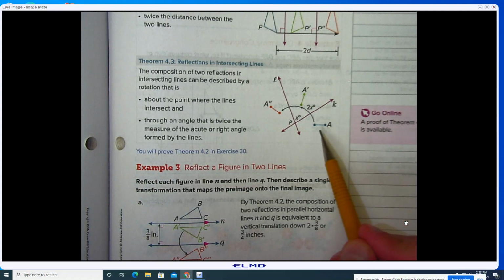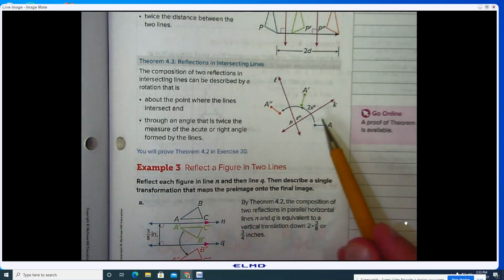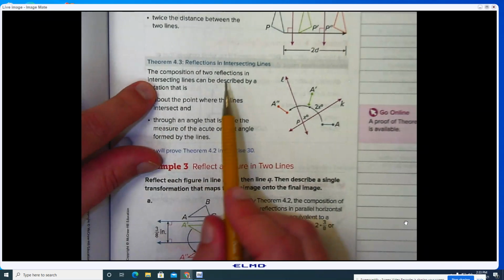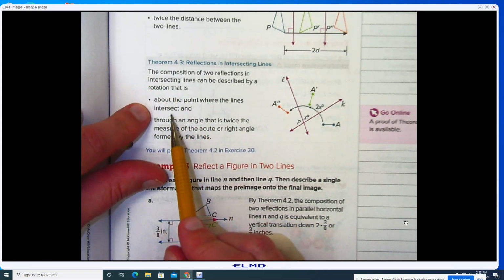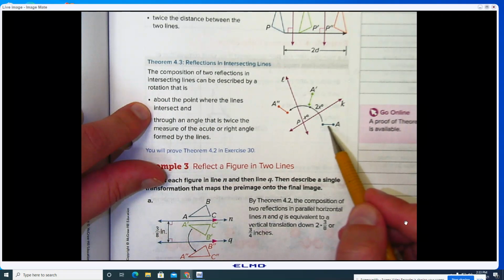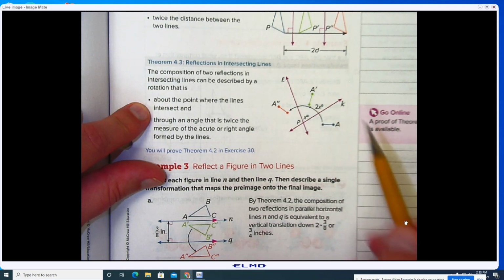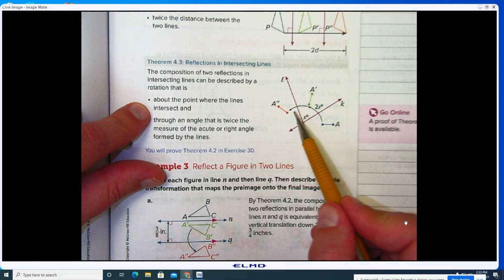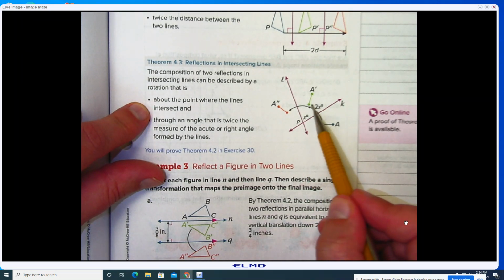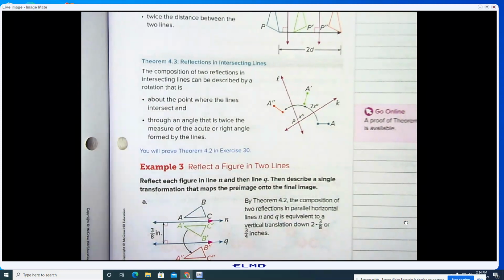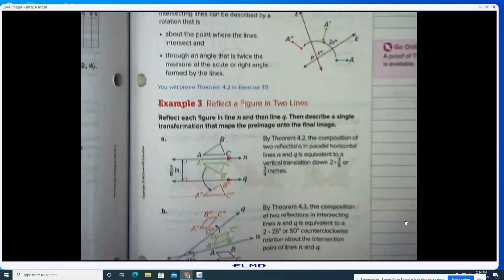Mathematically, the composition of two reflections in intersecting lines can be described by a rotation. In this case, we're reflecting over line K, so it lands right here at A prime, and then we're reflecting one more time over line L. That's the same thing as if you did a rotation, and that's all it's saying here.